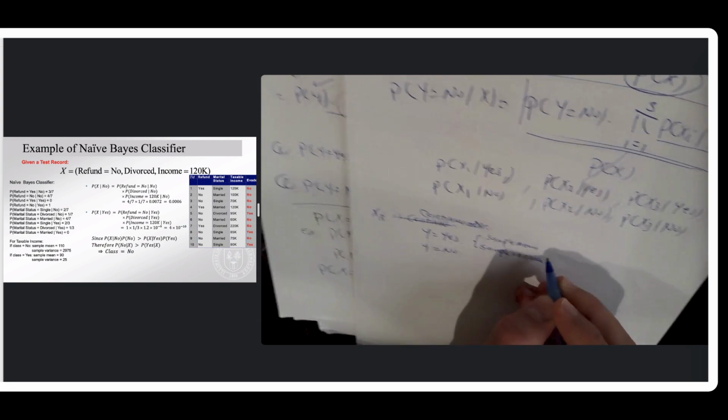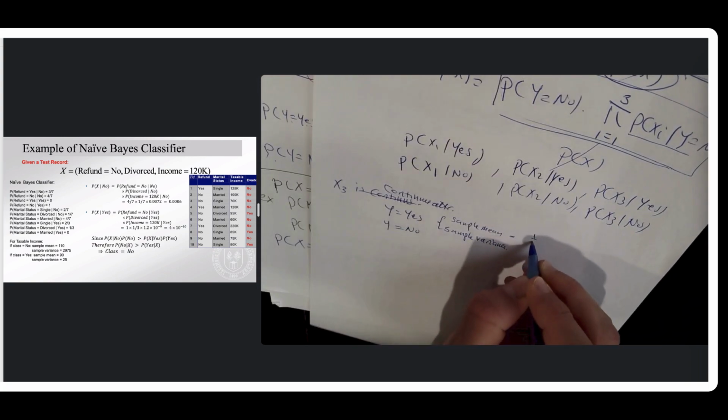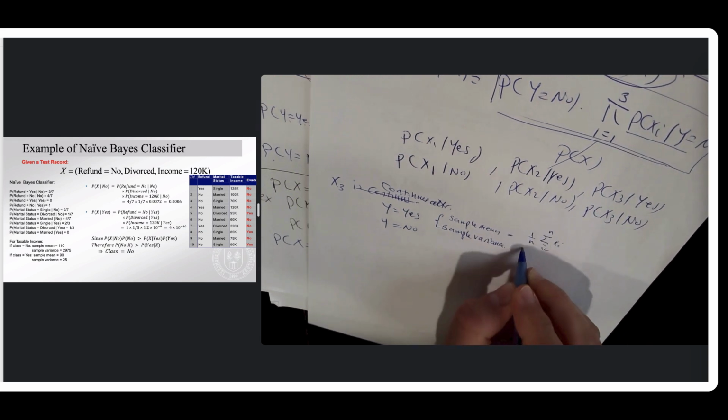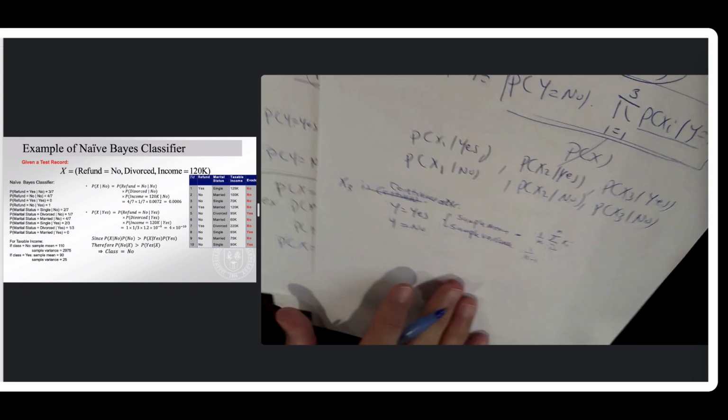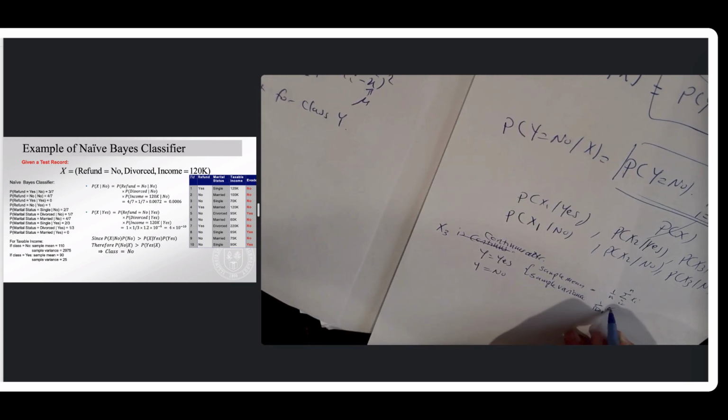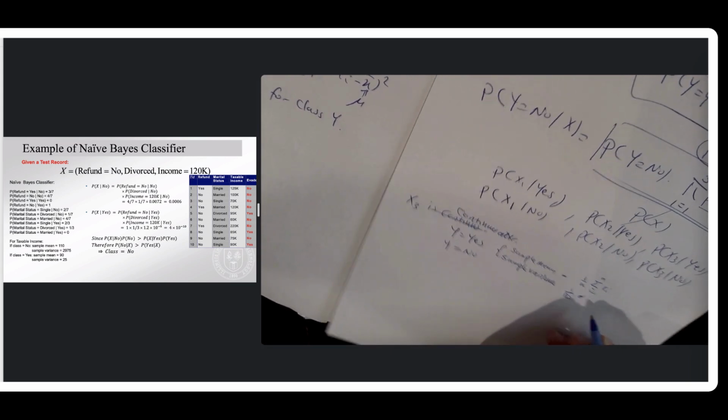How do I compute that? This is the formula that we have, right? 1 over n, the summation i equal 1 to n of xi, and for the variance, 1 over n minus 1. This is the formula that I gave you last time, and this is the formula you have to use.